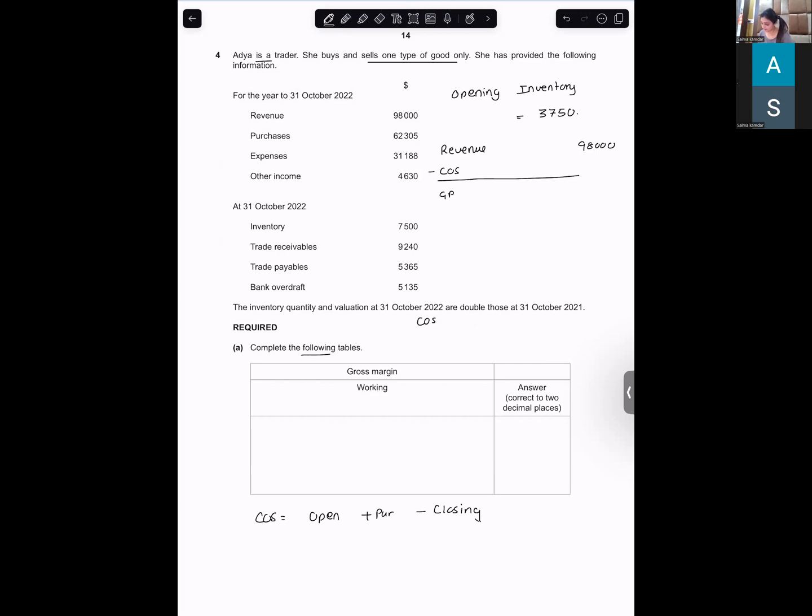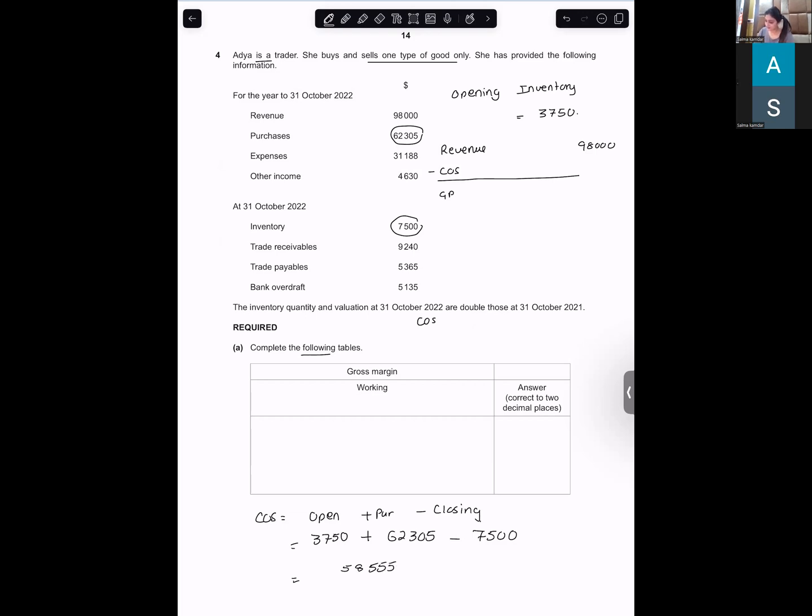Opening inventory is 3,750. Purchases is 62,305, minus the closing inventory of 7,500. So what will be your cost of sales? 58,555.